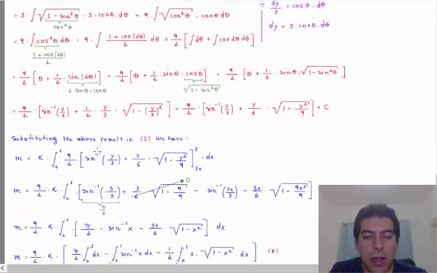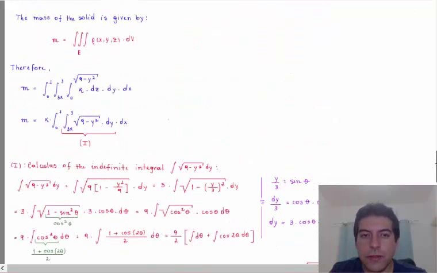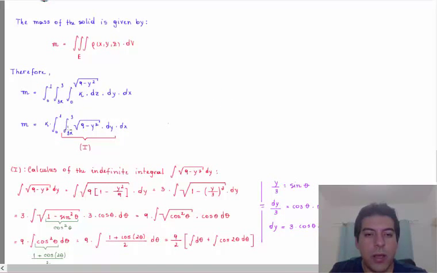Times sine minus 1 of y over 3 plus y over 6 times square root of 1 minus y squared over 9, and the limits of integration of the second integral, remember, are 3x to 3.